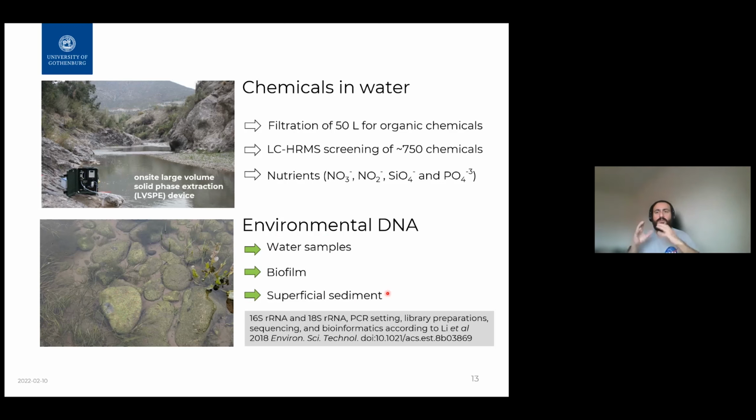I want to briefly introduce you to our workflow. So we took 3 different environmental DNA samples, like I mentioned before: water, sediment, and biofilm. Then for each type of sample, we used a specific column-based DNA extraction kit. Then we amplified that DNA using 2 different sets of primers.